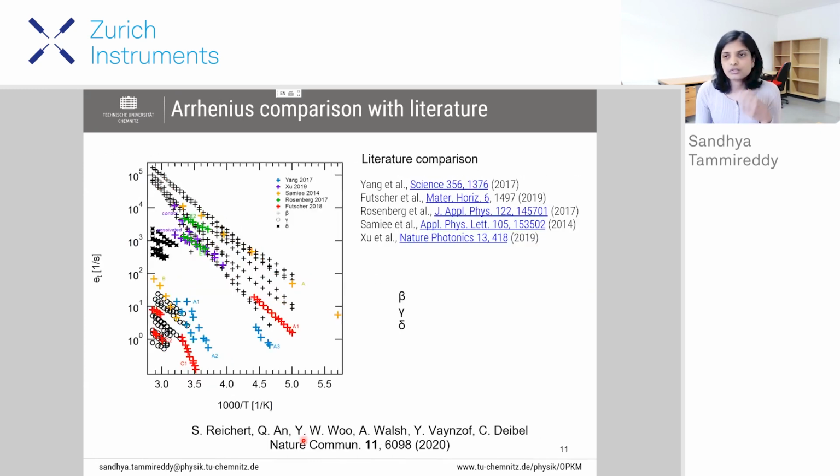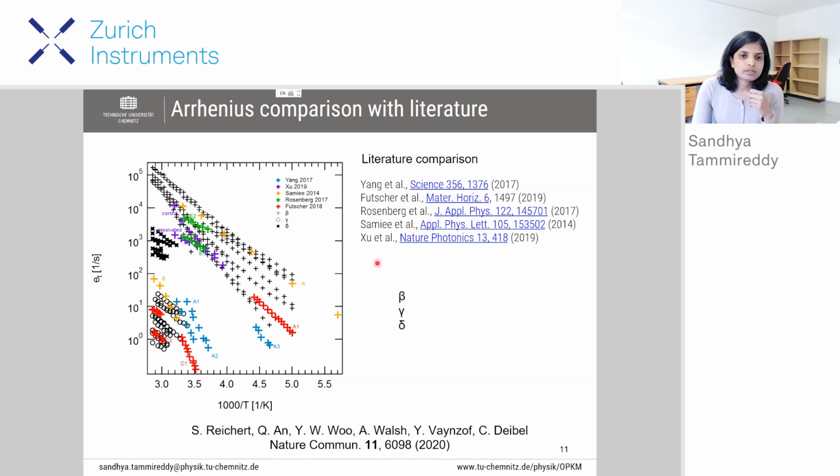In order to understand whether our results are consistent with others, we compared our results to the literature. Here, these results are reported for different configurations, for example single crystals and lateral devices.